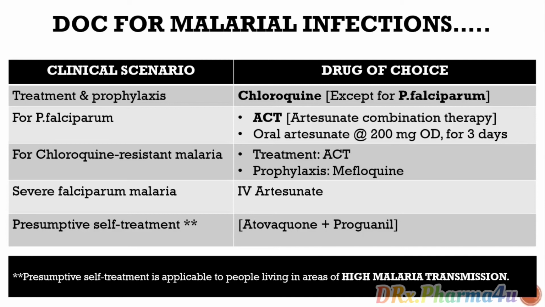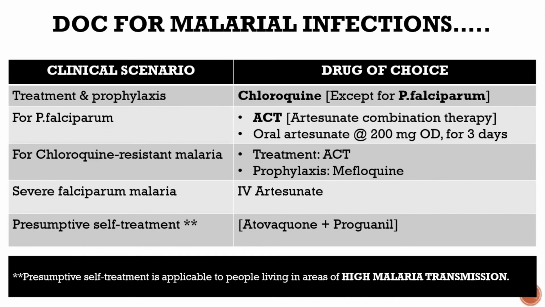If you are having chloroquine resistant malaria, then for treatment we use artesunate combination therapy, and for prophylaxis we use mefloquine. If you are having very severe falciparum malaria, then we usually give IV artesunate.